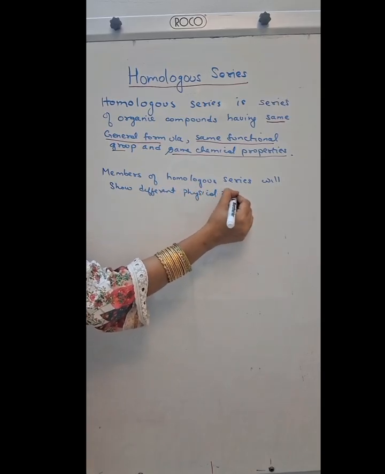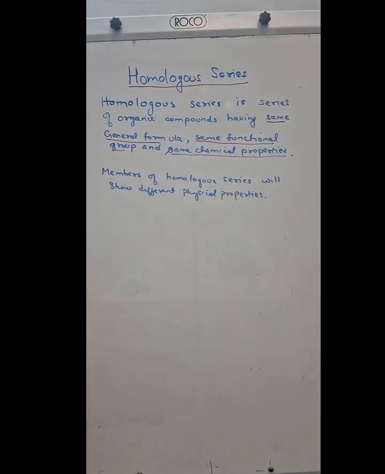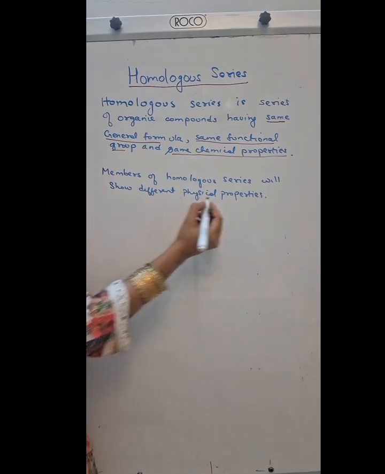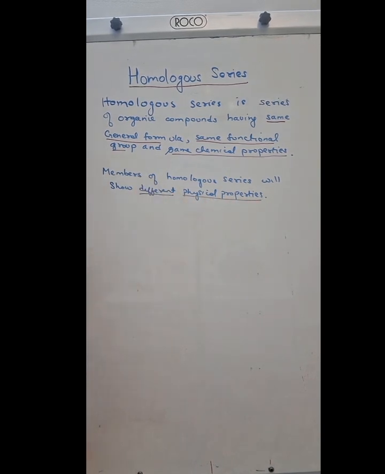What do I mean by physical properties? Their density will be different, their boiling point will be different and their mass will be different. Each member will differ from the others.